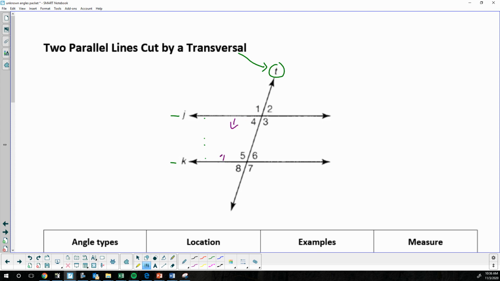We have to be inside these parallel lines, so below J and above K. So if I took one of those angles, which is angle 4, now I'm going to stay on the same side. So angle 4 is on the left side of the transversal T. The only other one that is inside and on the left side is angle 5. Okay, so 4 and 5 are same side interior.